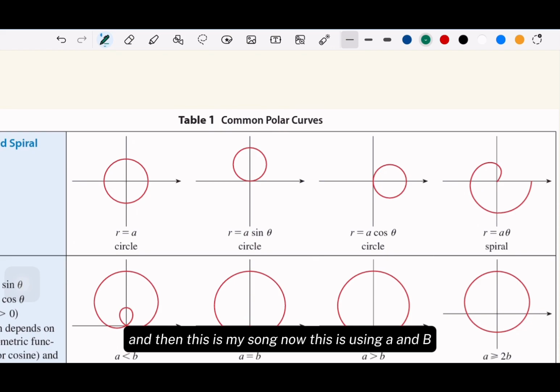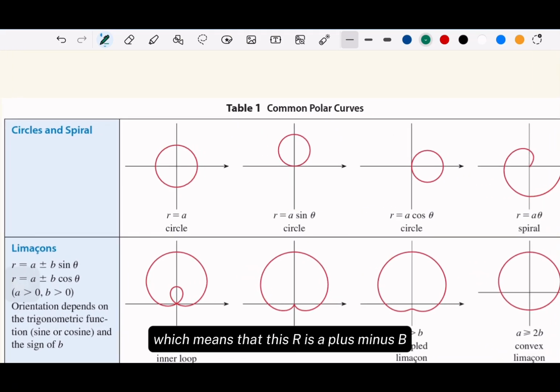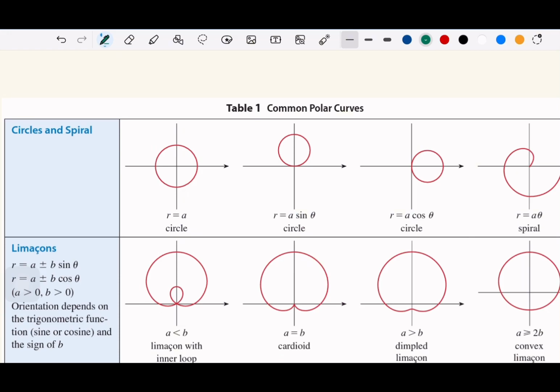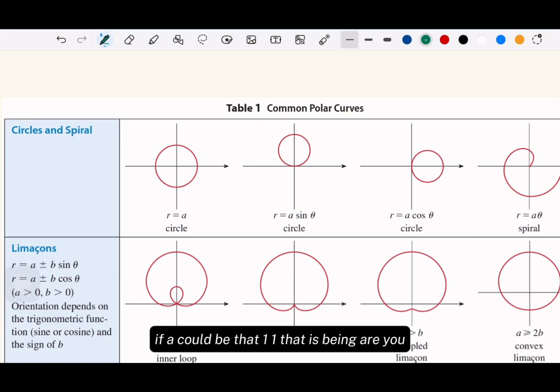Now this is using a and b, which means that r is a plus minus b. Whenever a is less than b, for example 1 and 3, you will see the loop. If a equals b, like 1 and 1, then it's a cardioid.